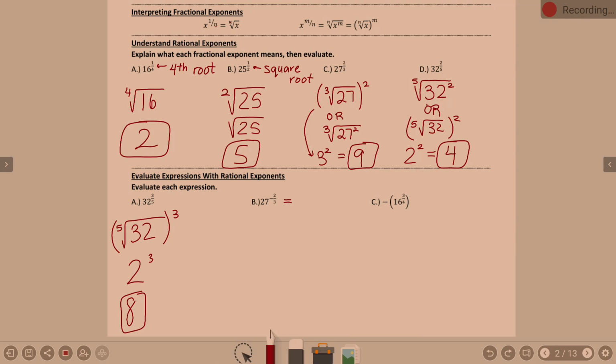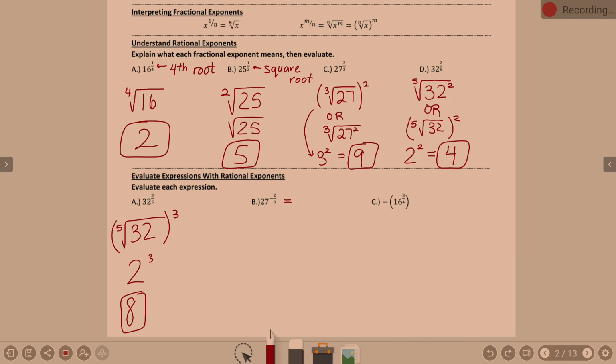Let me ask this. If I say, okay, what's 2 to the negative second? Yeah. 2 to the negative second is 0.25, which is 1/4. I'm trying to get you guys to think backwards. It's 1/4, which is 1 over 2 squared, right?